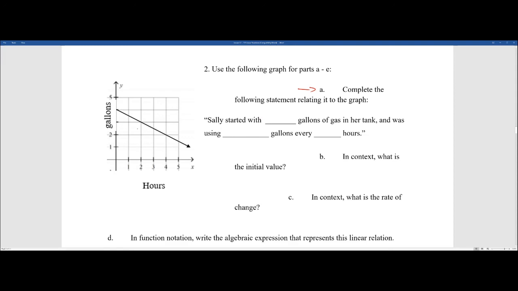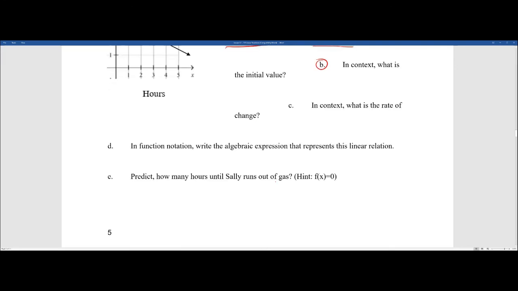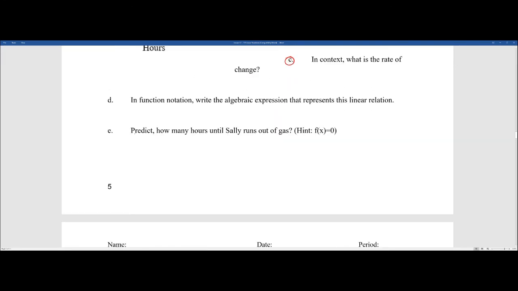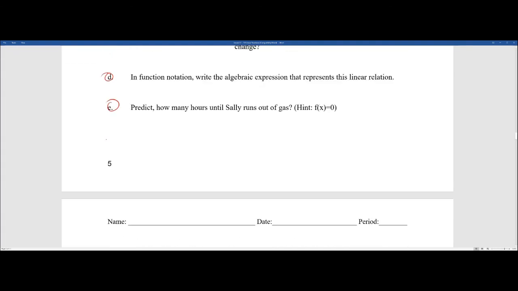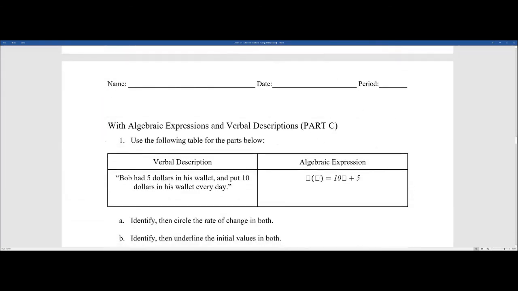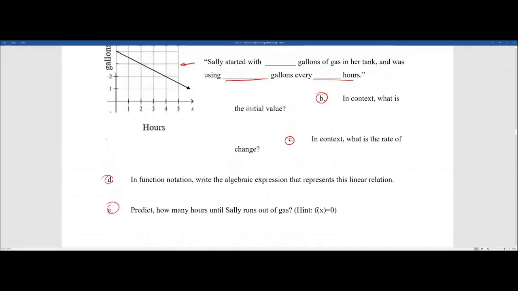Sally started with how many gallons of gas in her tank? You have to look at the graph and figure that out. And was using how many gallons every blank hours? So find the rate of change and look at that. All these little parts are yours, as are parts D and E. And we'll start up on part C the next day, the second day, with verbal descriptions.